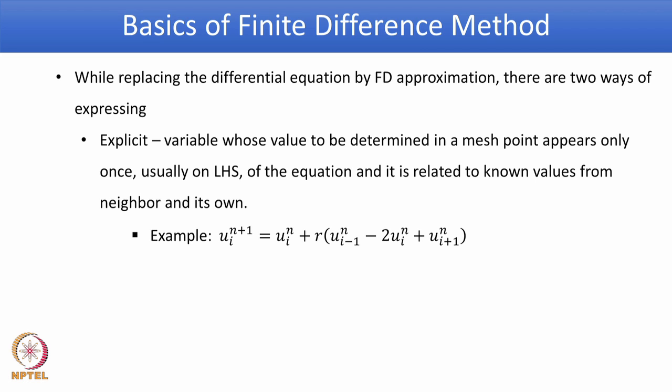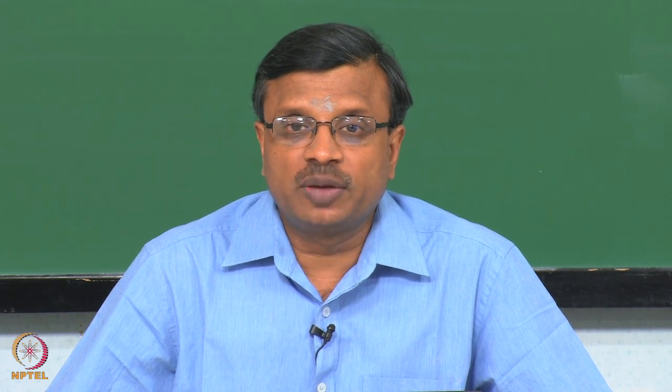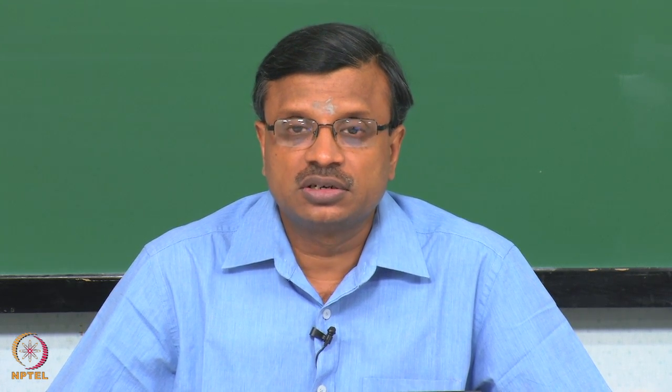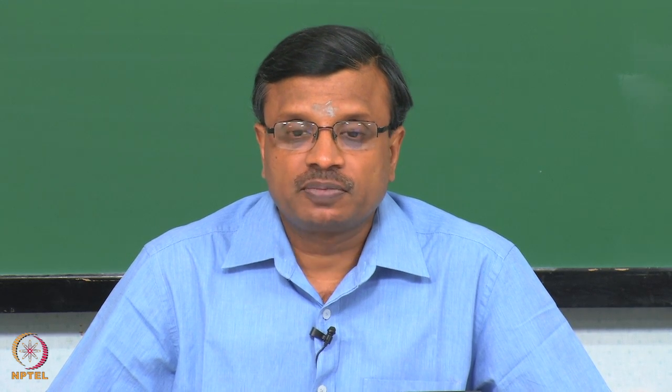Whichever variable you are interested in, at the nodal location, if it is one dimensional, you represent it as x of i or u of i. If it is 2 dimensional, you have u of i comma j. Similarly for the third direction, and the same way for temperature.